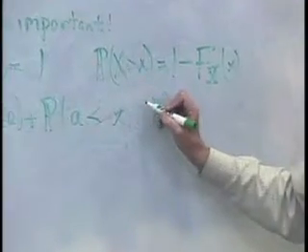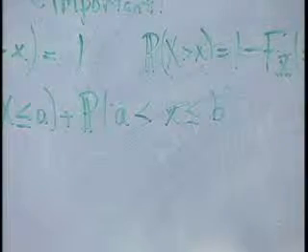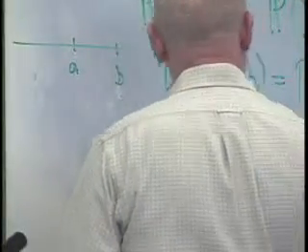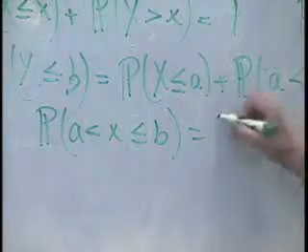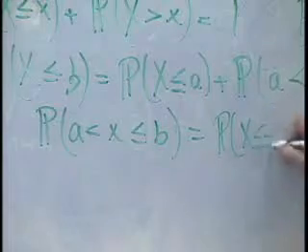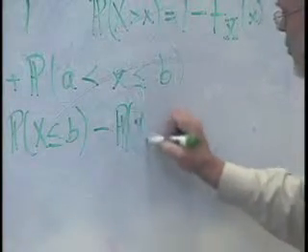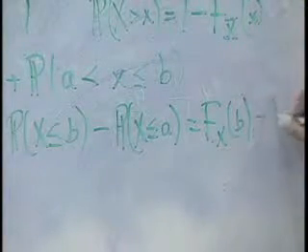That's a strict inequality, and this one is less than or equals. Okay? So that tells us that the probability that X is in the range between A and B, including B but not A, can be written as the difference between the distribution function evaluated at B and the distribution function evaluated at A. That is, as F of B minus F of A.